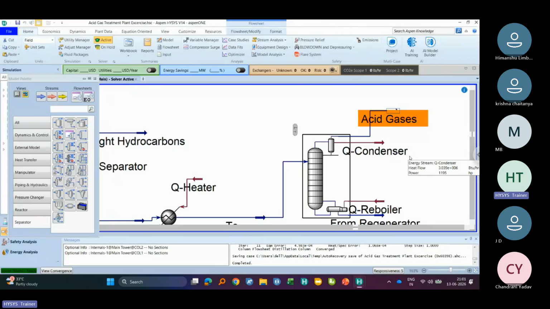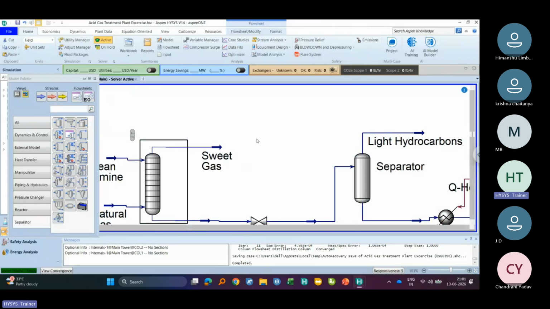So that will add some efficiency, or that will improve the process, and it will also affect the end results, like the acid gases concentration or composition will be something different, the sweet gas composition will be something different if we put the system on the recycle.